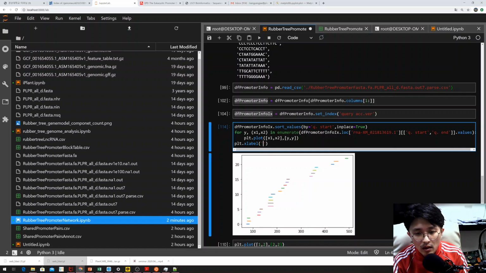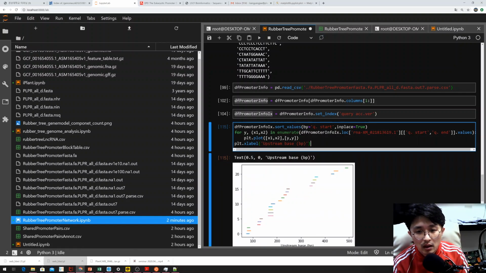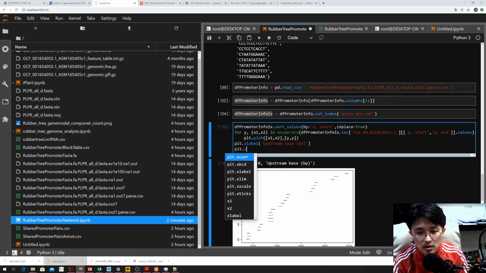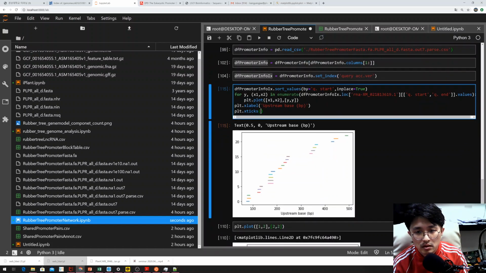Anyway, so upstream base BP, and I have to maybe change x6 into range 0 to 500, comma, list range 0 to 500.